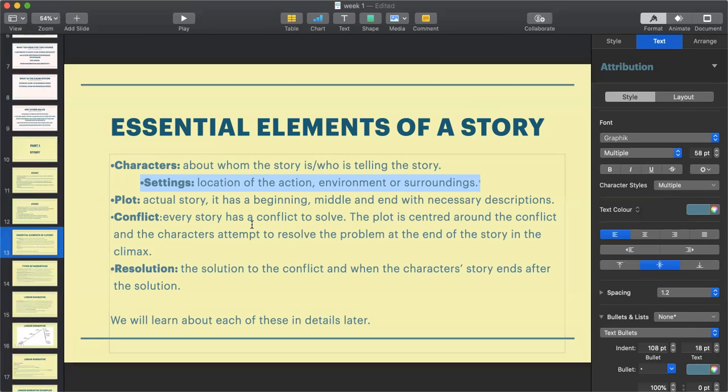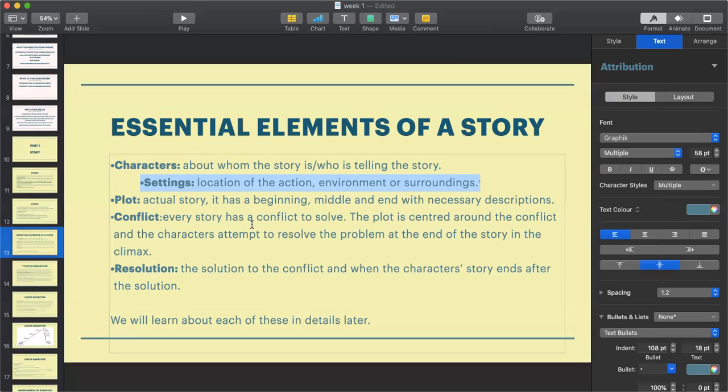Got it? In films also, you will see that in the beginning, when they're showing a room or a location, they show everything very clearly, so that in one or two shots, everything is clear about where the story is taking place. When you're writing a story, you cannot draw a picture, right?